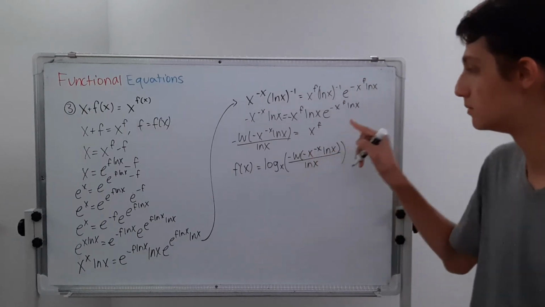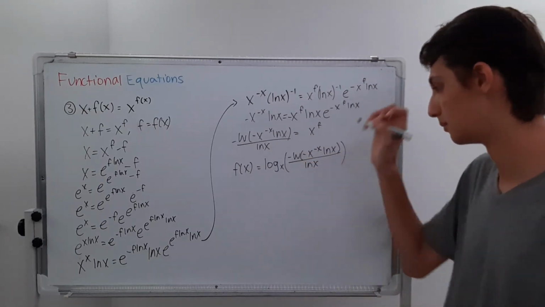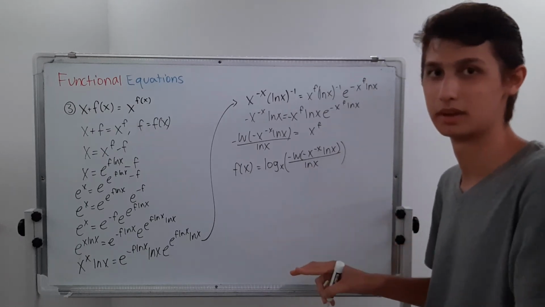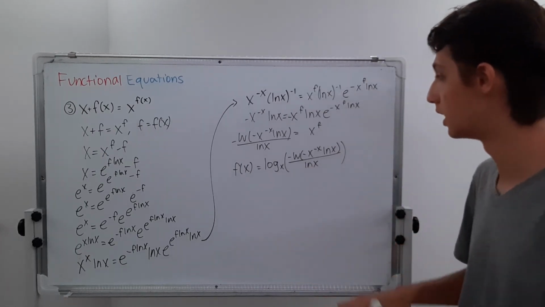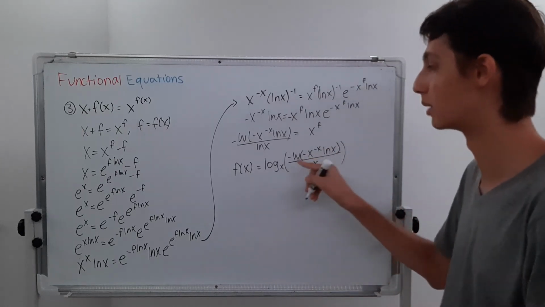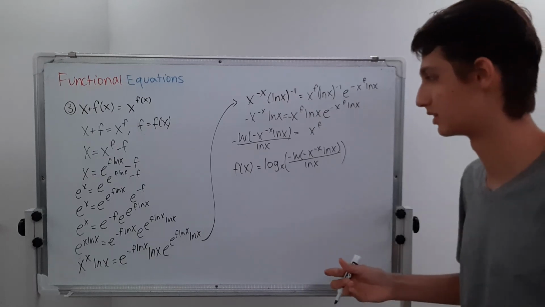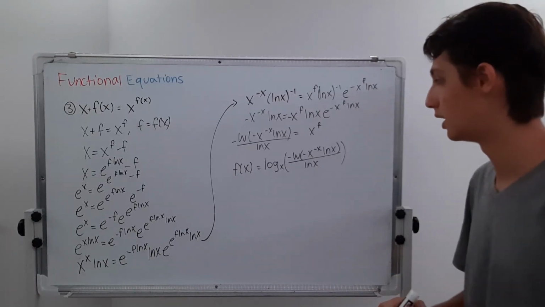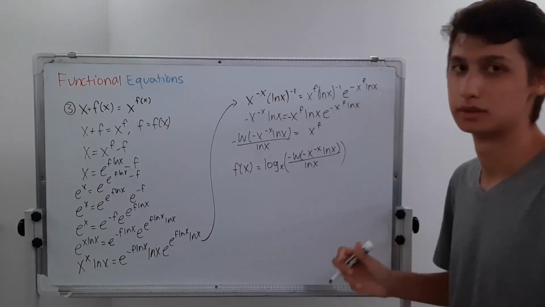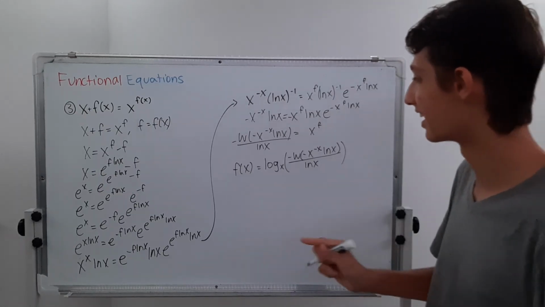Now, you may be like, oh, well, it's log of a negative, that's weird. In certain cases, that would give you a real number, but in most instances of x, it'll probably give you a complex number, which is okay. There's nothing wrong with complex numbers. But yeah, you can argue with that, but that's the result I got.